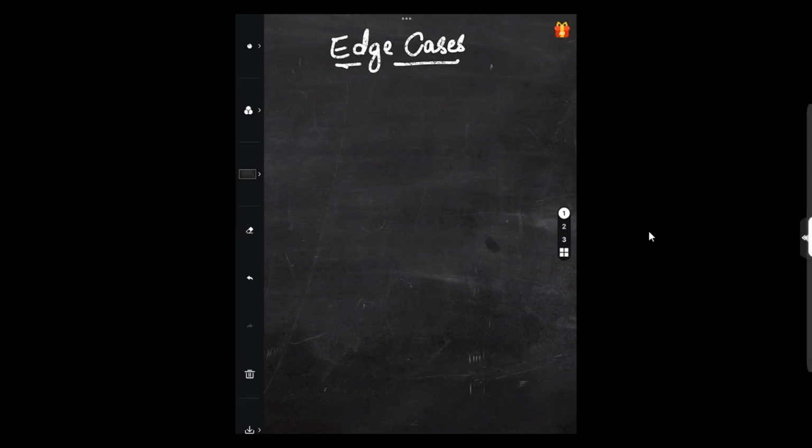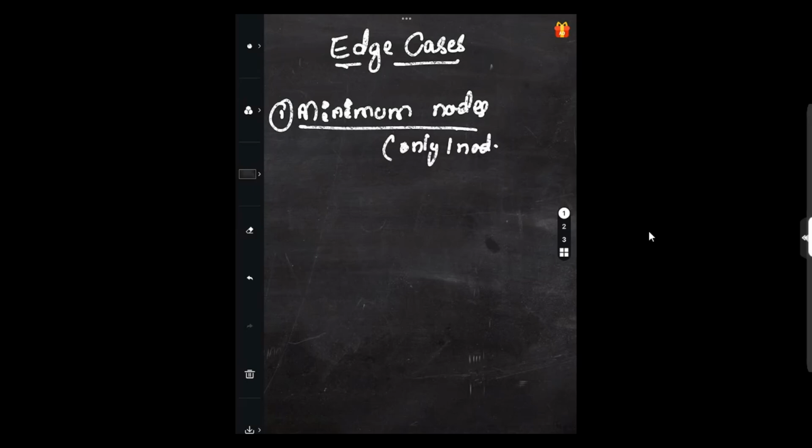First edge case, minimum nodes. First we are considering minimum nodes, meaning only one node in the binary search tree. So I can just write here only one node in BST.